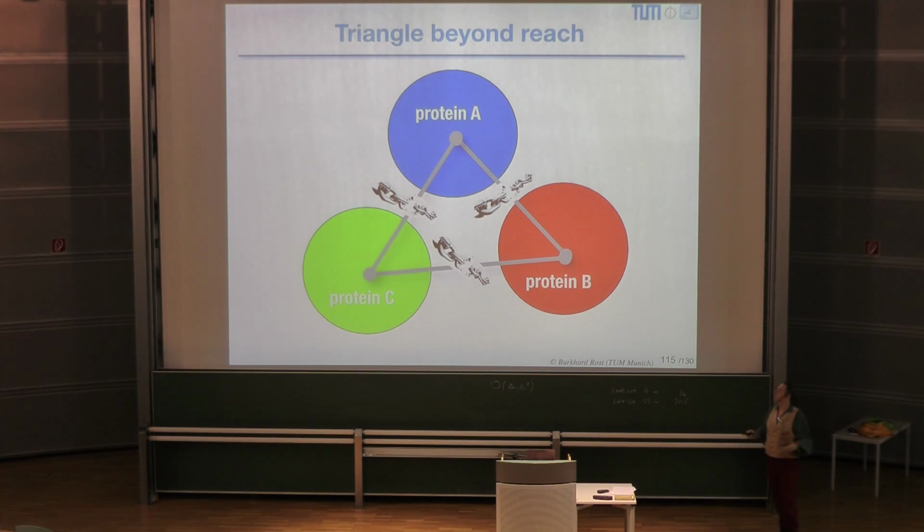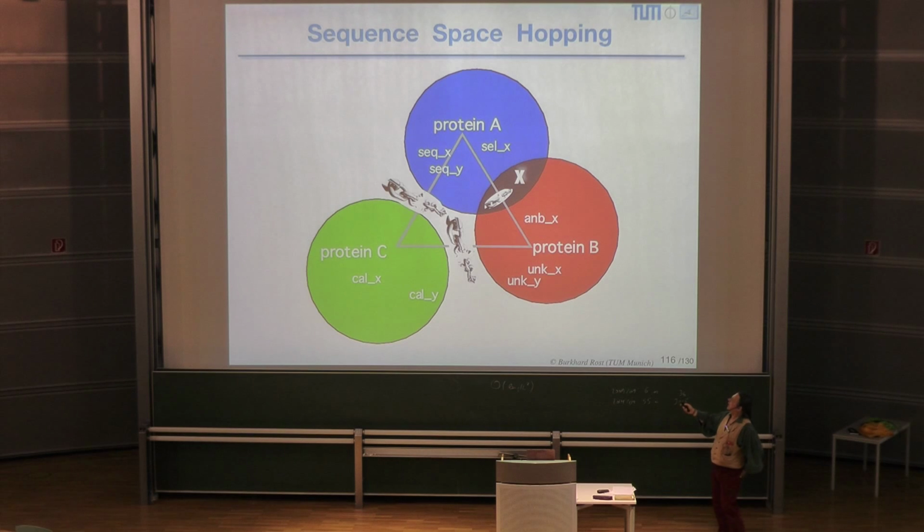Okay? Now let's assume we had a protein here that is in between. So it's in the safe zone of A, it's in the safe zone of B. How could I use that? What would that imply? Getting the sequences from the one that's in the middle, the X. Yeah, exactly.